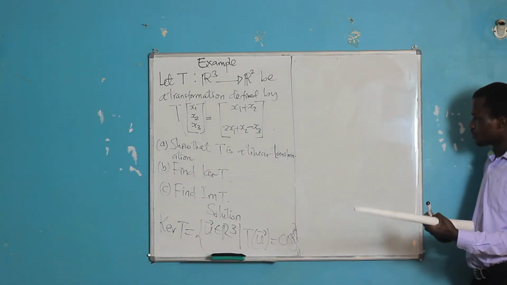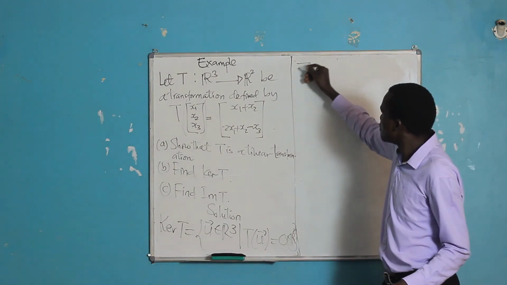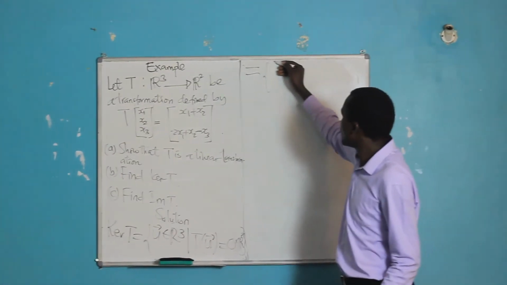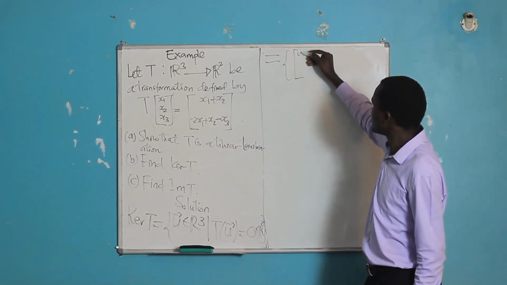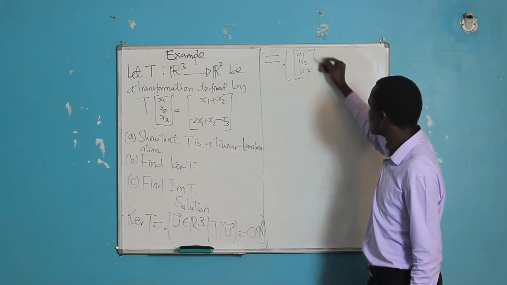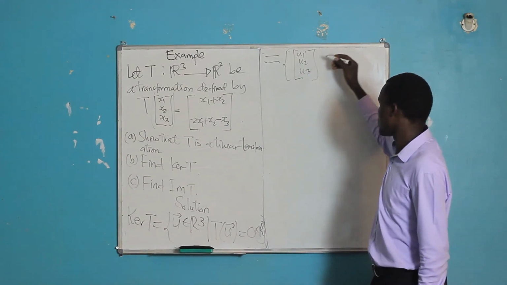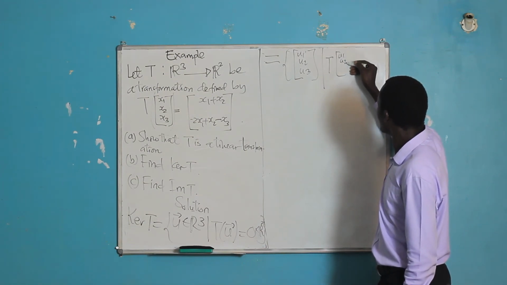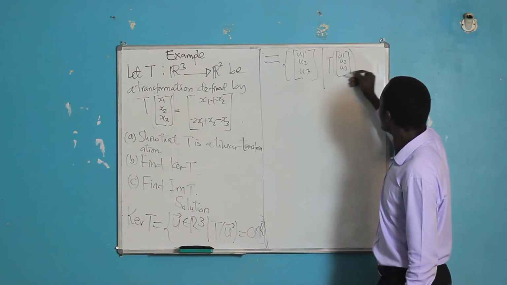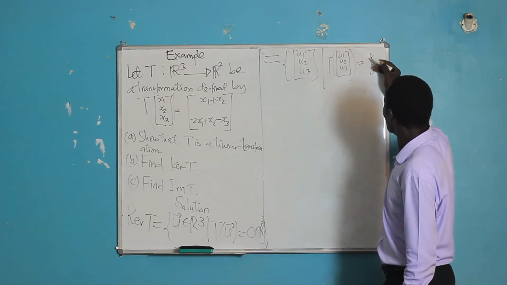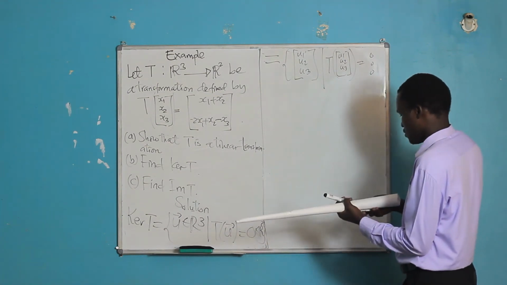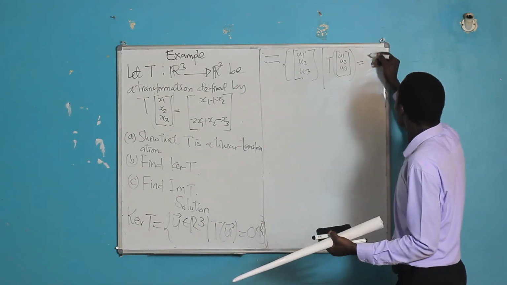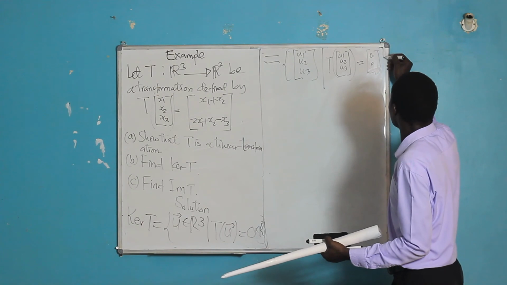Okay, dear students, from there, the kernel of T equals, let U be a vector with entries U1, U2, and U3 in R3 space, such that T of U1, U2, U3 gives us a zero vector in R2 space. So it's just a vector this way.